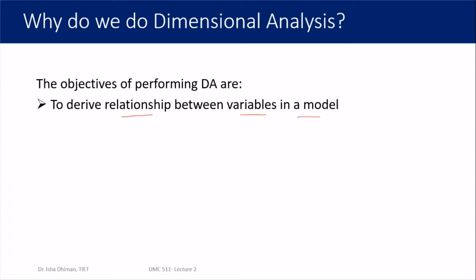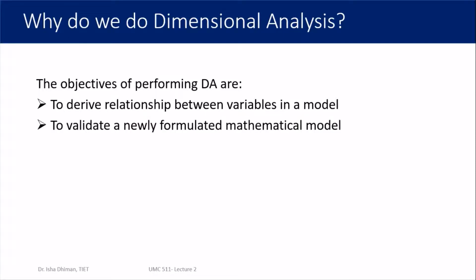Your variables will be position, velocity, and time. You want to know the relationship between these. If you do not know those relationships, in some cases dimensional analysis will help you derive them. And then another objective is to validate a newly formulated mathematical model.